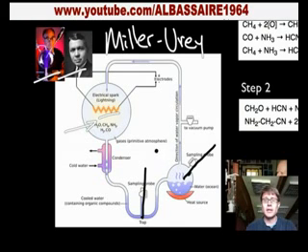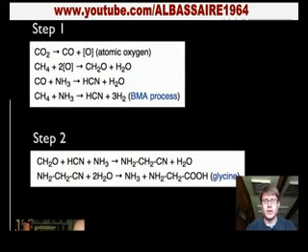As we start looking at the chemical processes or the chemical equations that do that, it's fairly simple to go in two steps to amino acids. So we could take carbon dioxide, methane, ammonia, and we can actually make things like, this would be formaldehyde, hydrogen cyanide, water.